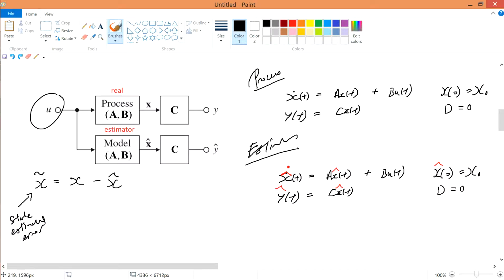Because your input is going to go through your processes and also through this model, that is, through the real and estimated system, you have to compare whether after going through the system, this state is the same as that state or not.